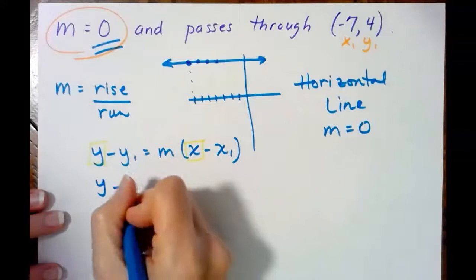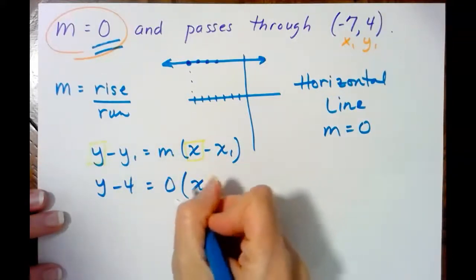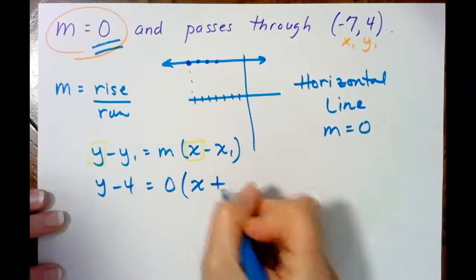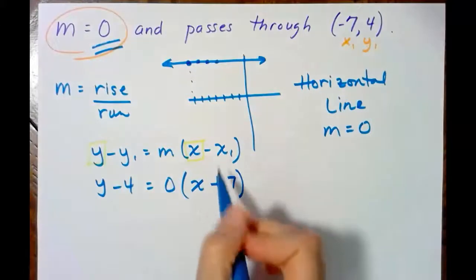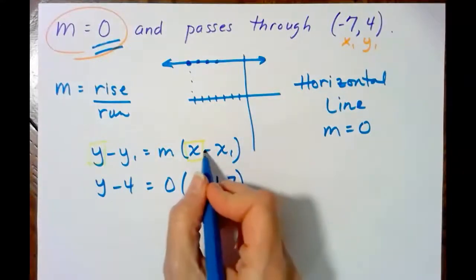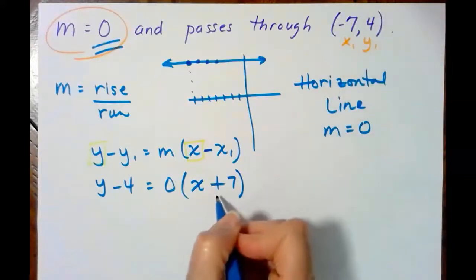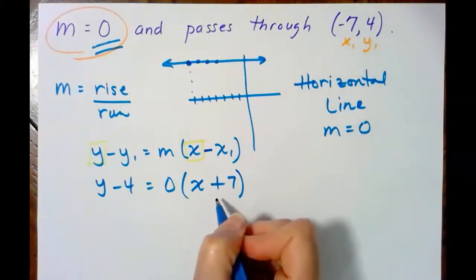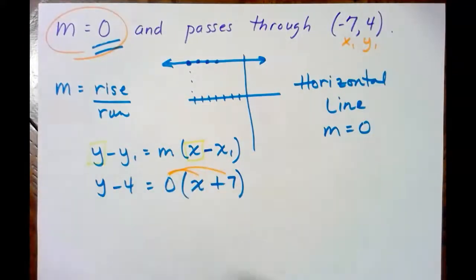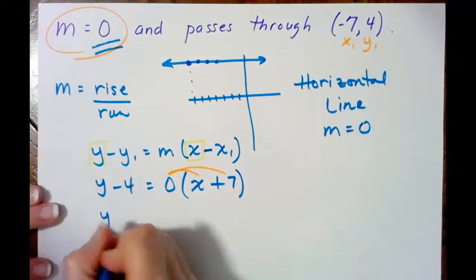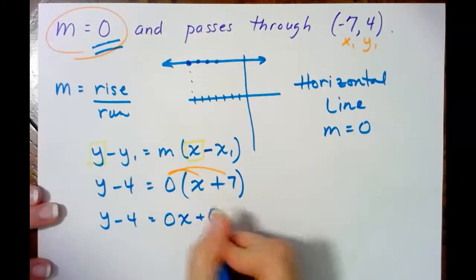Y minus 4 equals 0 times x minus negative 7. If you'll talk through it to yourself as you're plugging in numbers, notice that I said minus a negative 7. Minus negative 7 is just going to become plus 7. Then, when we distribute here, we end up with y minus 4 equals 0x plus 0.